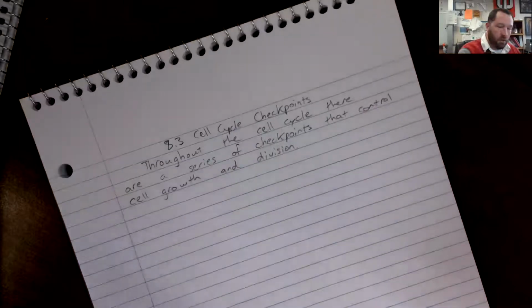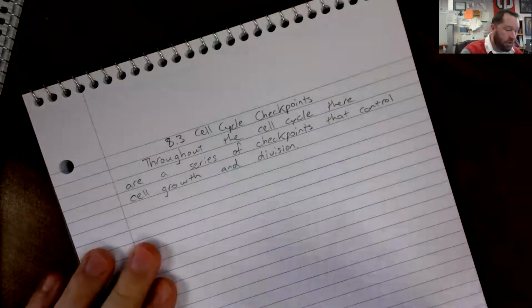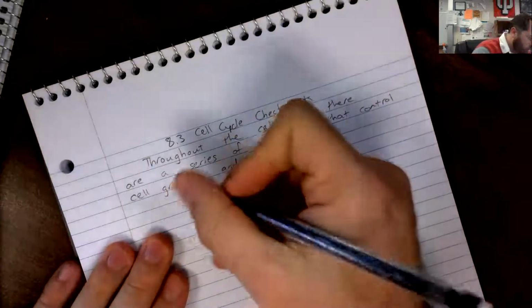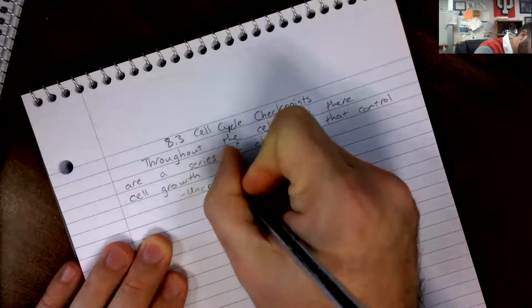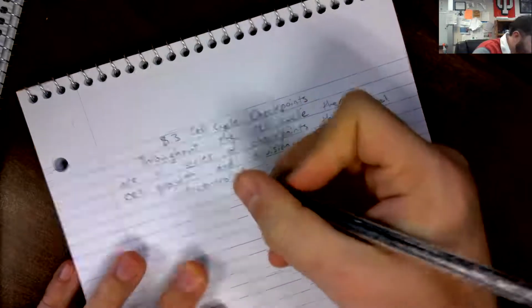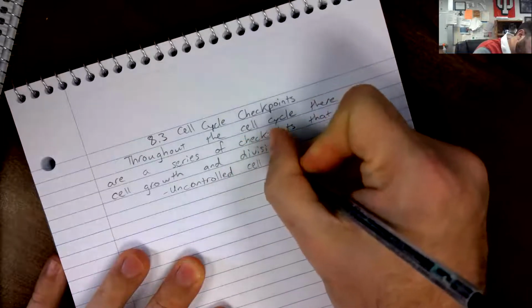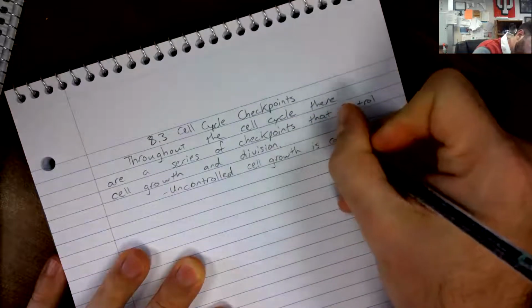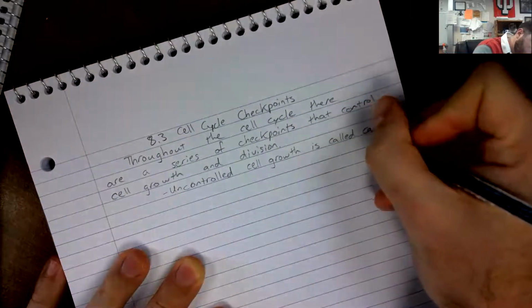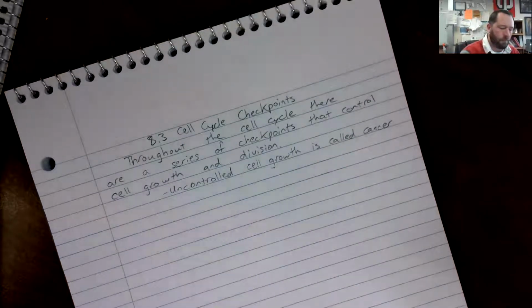There's a term for when these checkpoints fail, for when the cell goes through the cell cycle without any constraints. And that term is cancer.